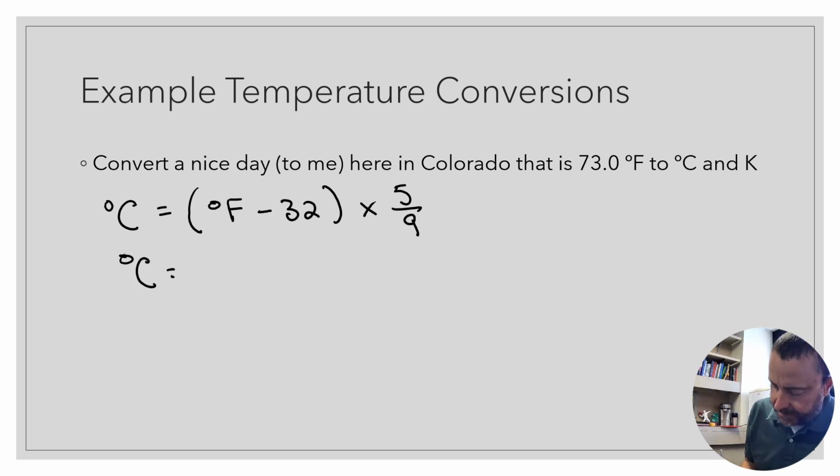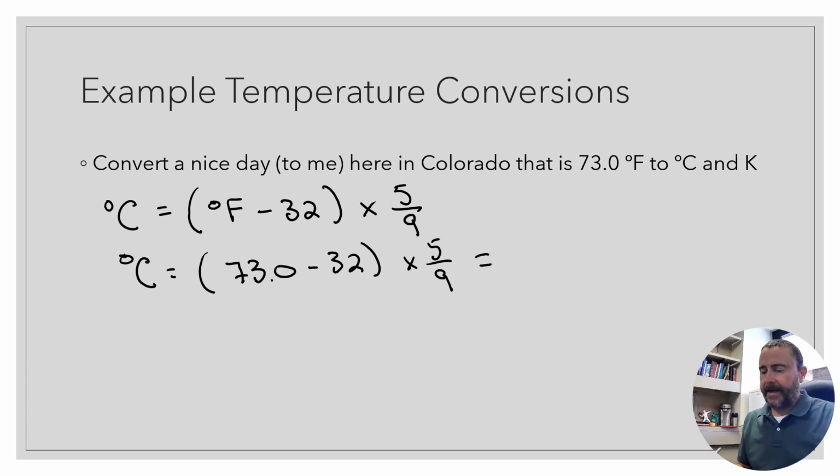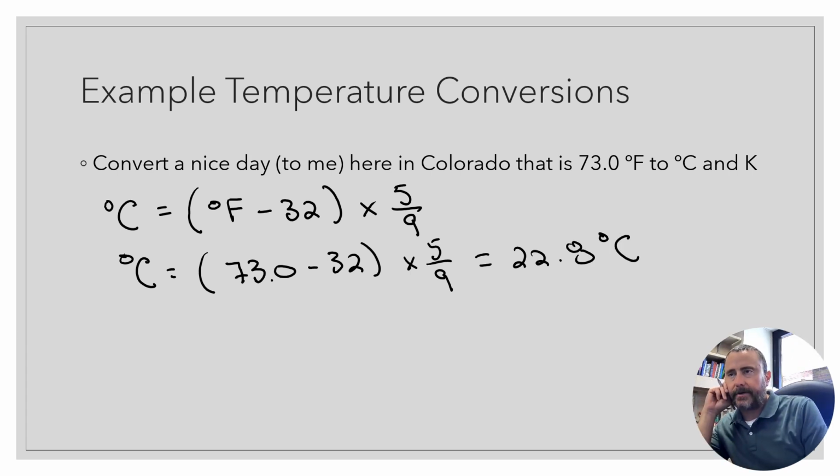So our degrees Celsius is 73.0 minus 32 times 5/9, which is 22.8 degrees Celsius.